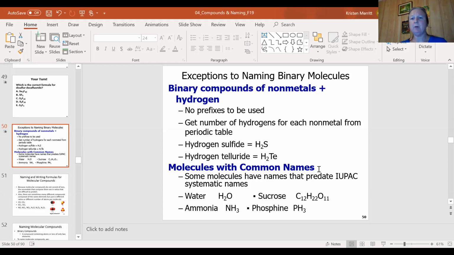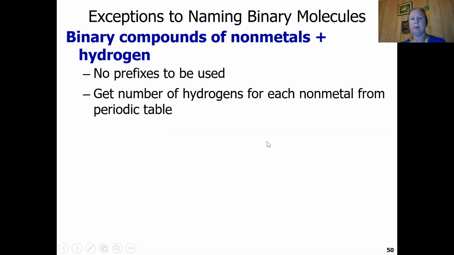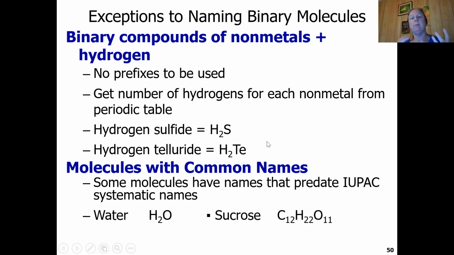An exception here, 2 exceptions. One is the archaic I was talking about. Down at the bottom, we still use water. We don't call it H2O, we call it water. The commonly accepted names: sucrose, ammonium.